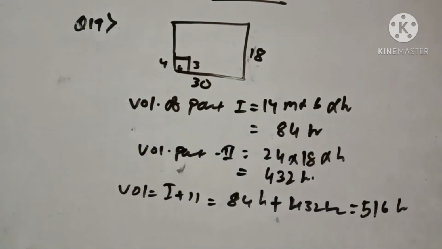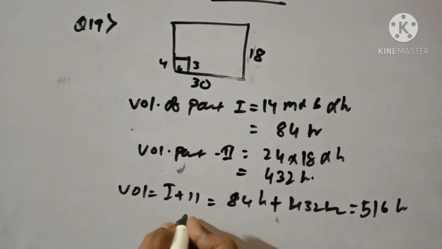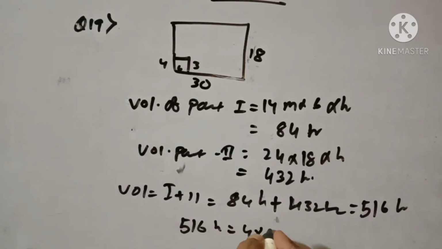Now this speed volume will be what? Volume of the earth dug out equal to, means this one equal to that part. 516 h equal to 4 centimeter into 3 meter into 6 meter, so 516 h equal to 72.